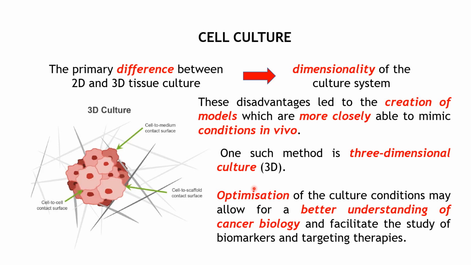You have a little bit more variables and it's more similar to the in vivo. Right now, maybe you have heard about organoids, that are not exactly organs, not exactly in vivo, but are in between the 3D and an in vivo experiment. And again, they have advantages and disadvantages.